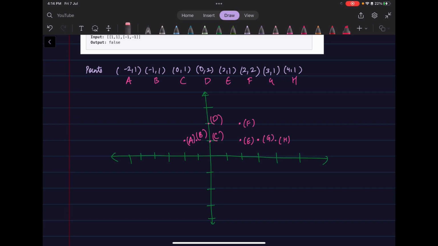Okay, so now we know what these points are. Are you able to see that, clearly, if we see this line, then all these points are basically reflections of each other? This point is clearly a reflection of this point across this line.